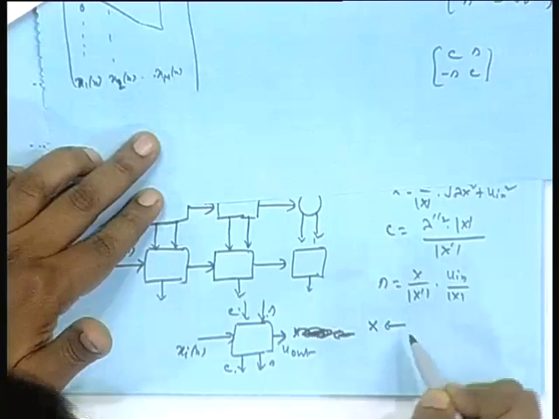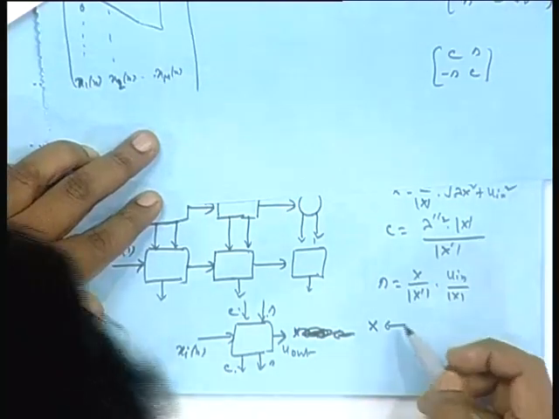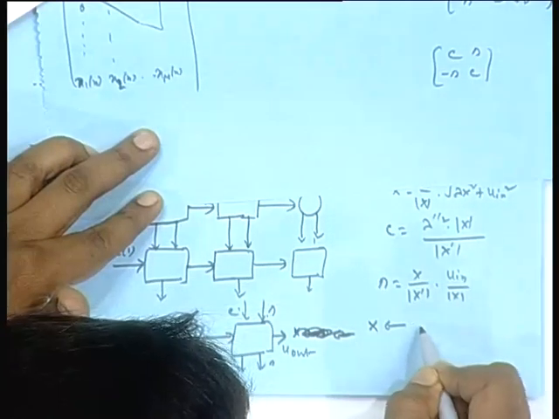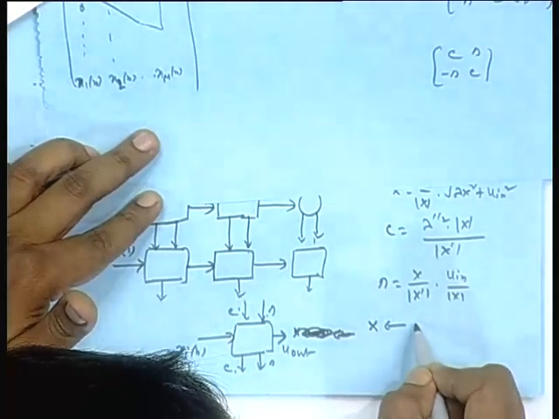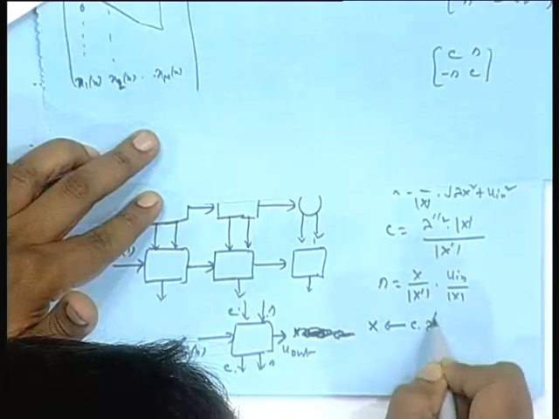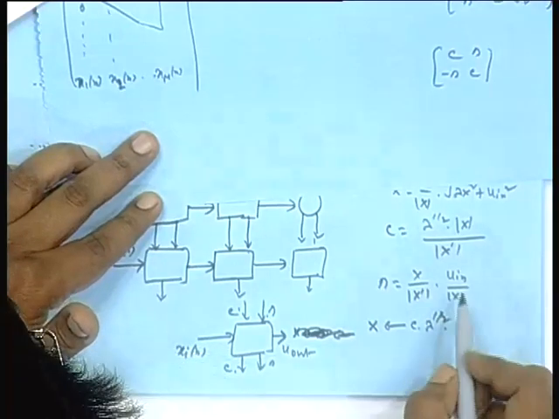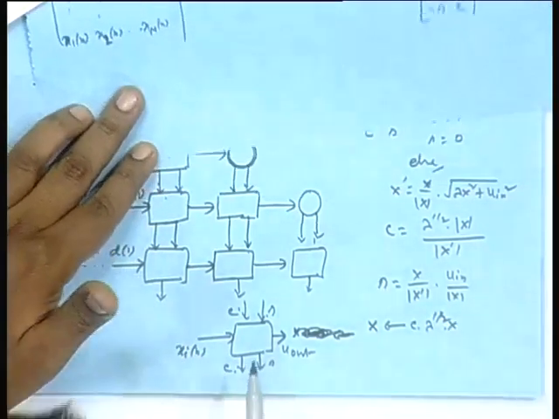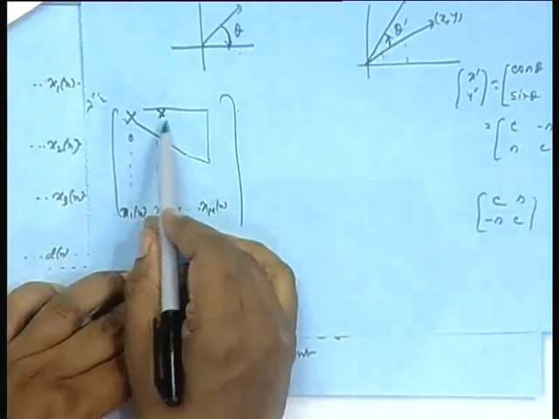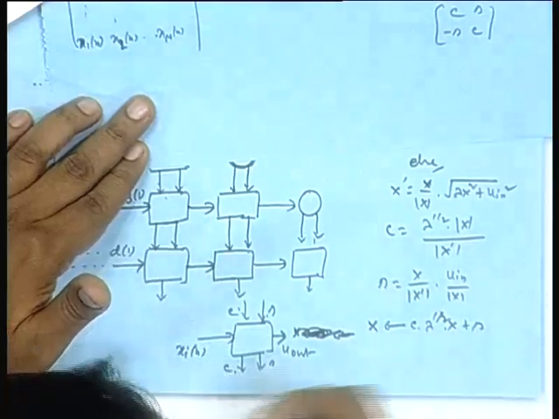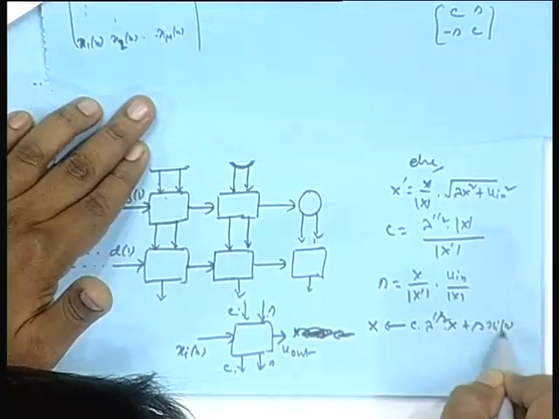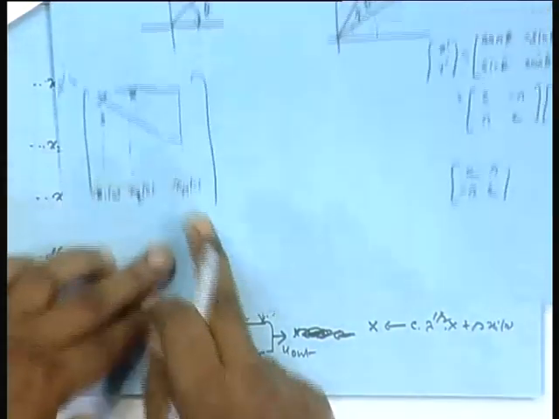That x will be replaced by, I am blindly writing from the book now, that cannot help. x will be replaced by what? C times lambda to the power half x, isn't it? C times lambda to the power half x and s times this new fellow x i n, that will go for x here.